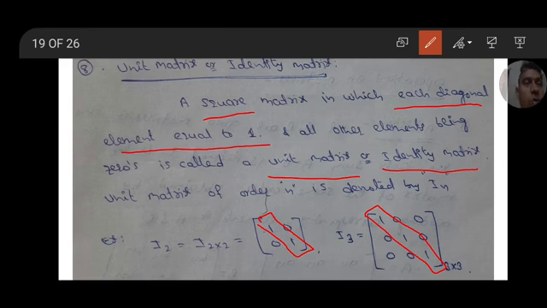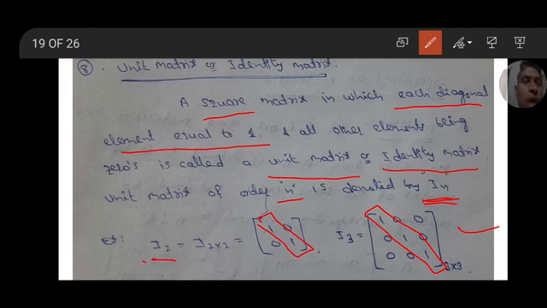In the first example, 1 0 0 1, it is a square matrix and principal diagonal elements are equal to 1, remaining elements are 0. In the second example, 1 0 0 0 1 0 0 0 1, diagonal elements are equal to 1, remaining elements are 0, therefore it is an identity matrix. A unit matrix of order n is denoted by In.